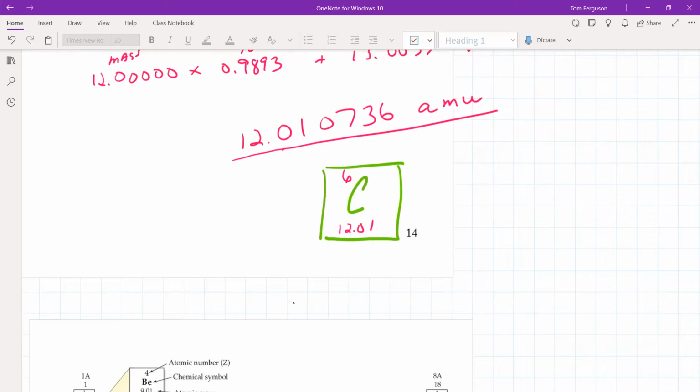But again, since it's close to 12, then we know that it has more 12s than anything else. And because it's greater than 12, then most of the isotopes are greater than 12. If it was like 11.95, then most of the other isotopes are going to be less than 12.